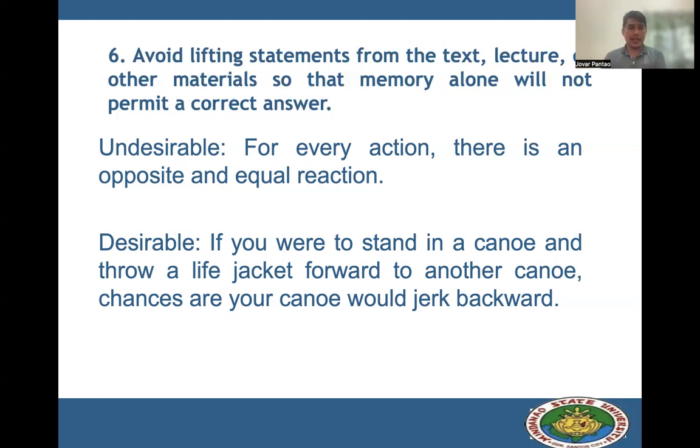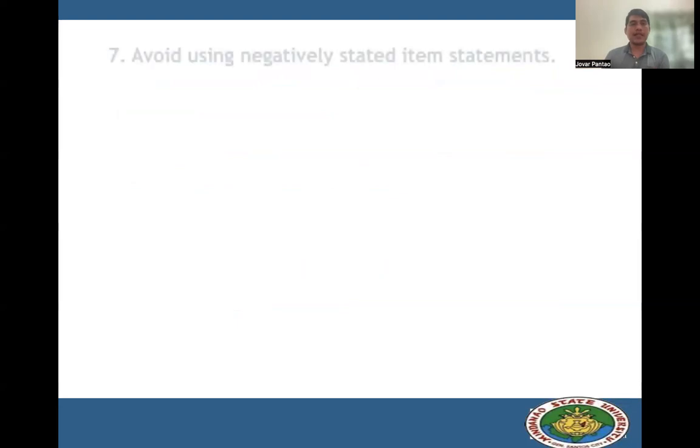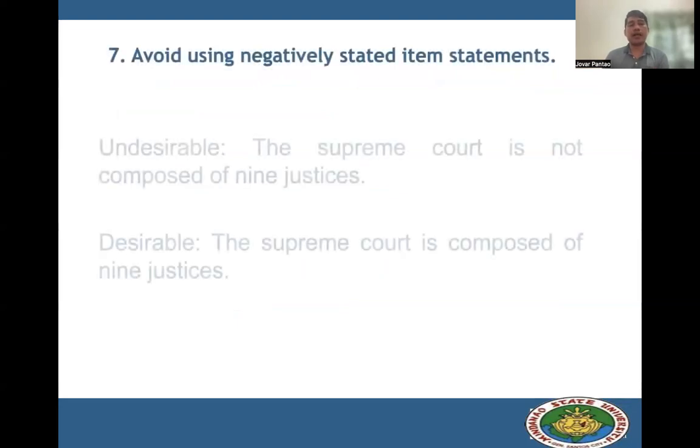So we can state this way. If you were to stand in a canoe and throw a life jacket forward to another canoe, chances are your canoe would jerk backward. So that probably would tell whether the students really have understood the lesson on the laws of Newton. Now, let's move on to rule number 7.